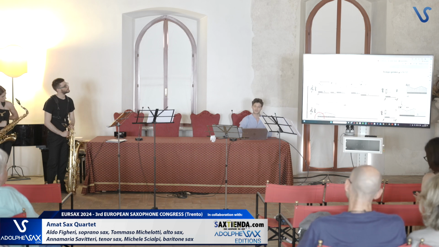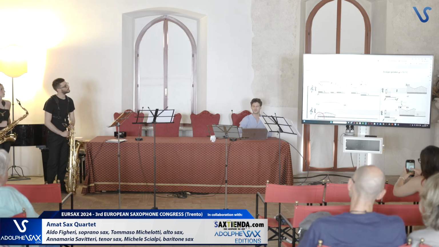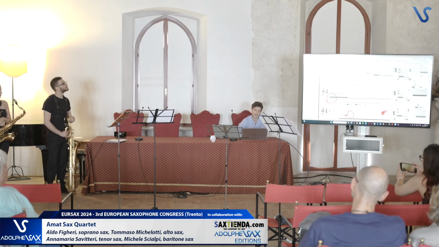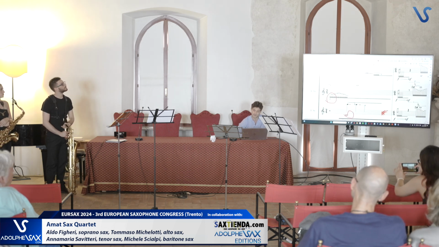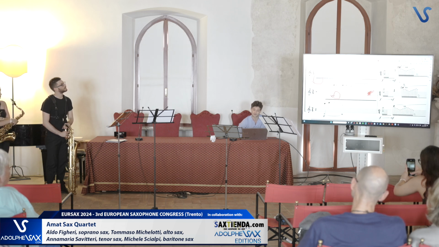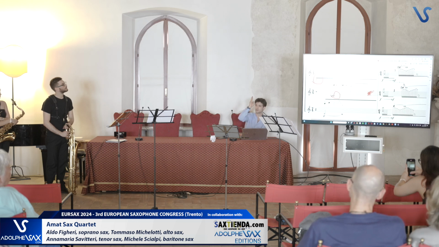The soprano is alternating whistle with high notes, always with these ghost notes kicking. The alto saxophone is playing harmonics with ghost notes kicking. The tenor saxophone is playing not harmonic notes but just ordinary, very high notes.